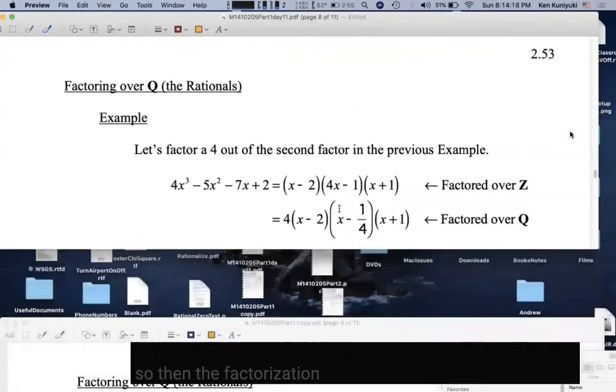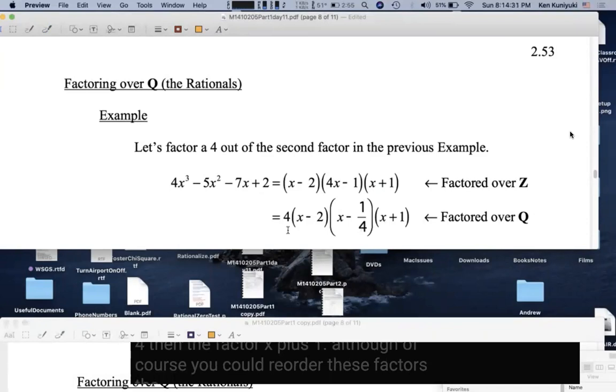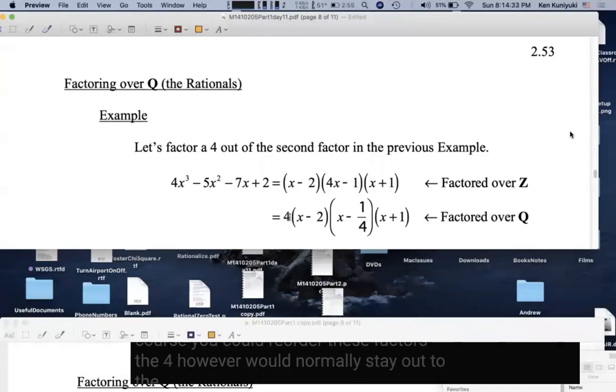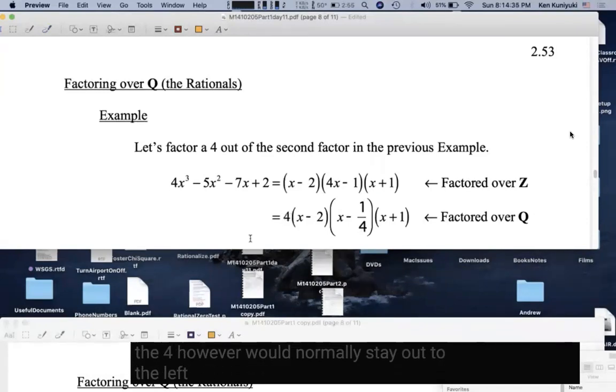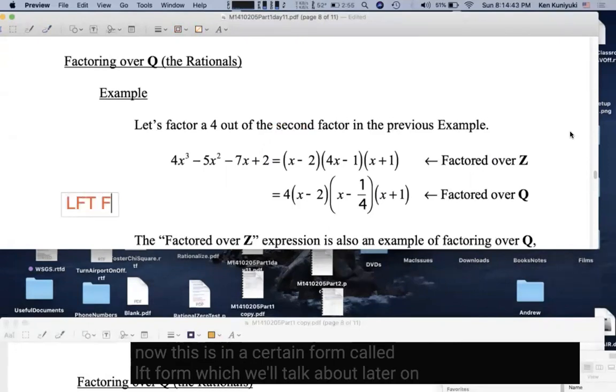So then the factorization would look like this, where the 4 is out in front, that's the leading coefficient, and then the factor x minus 2, then the factor x minus 1/4, then the factor x plus 1. Although, of course, you could reorder these factors. The 4, however, would normally stay out to the left. Now, this is in a certain form called LFT form, which we'll talk about later on.